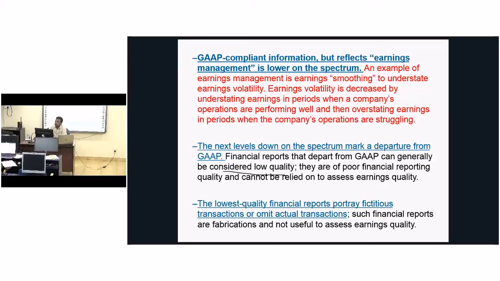That's why they departed from it. They don't have good earnings, that's why they need to do some changes. It means low earnings quality as well as low reporting quality. It will get even worse if the scenario is like this: fabrications are not useful to assess earnings quality at all.